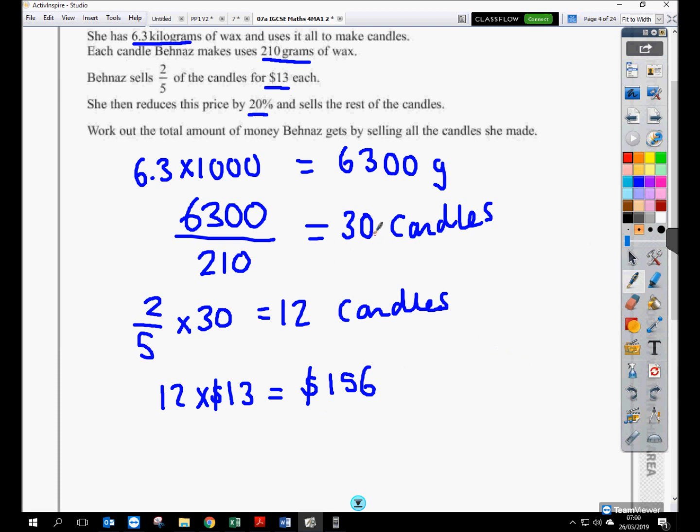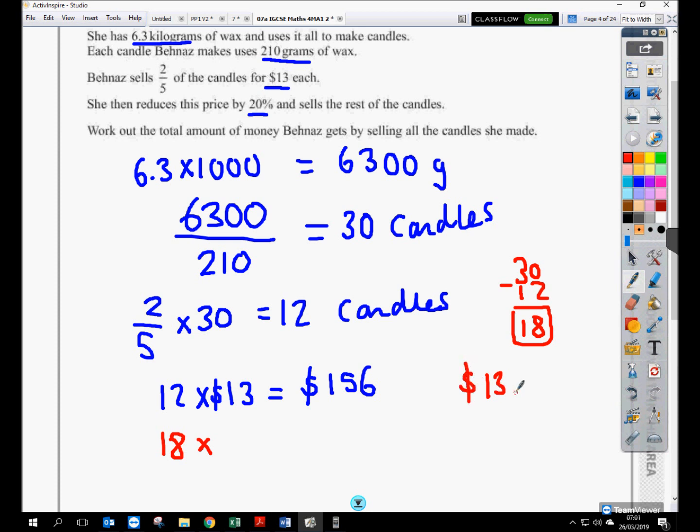She then reduces the price by 20% and sells the rest of the candles. Well, let's work out the rest of the candles. We have 30 to begin with, sold 12, 18 candles left. Okay? She's going to sell 18 candles at a reduced price. What price? Well, 20% less. So the candles previously were $13.